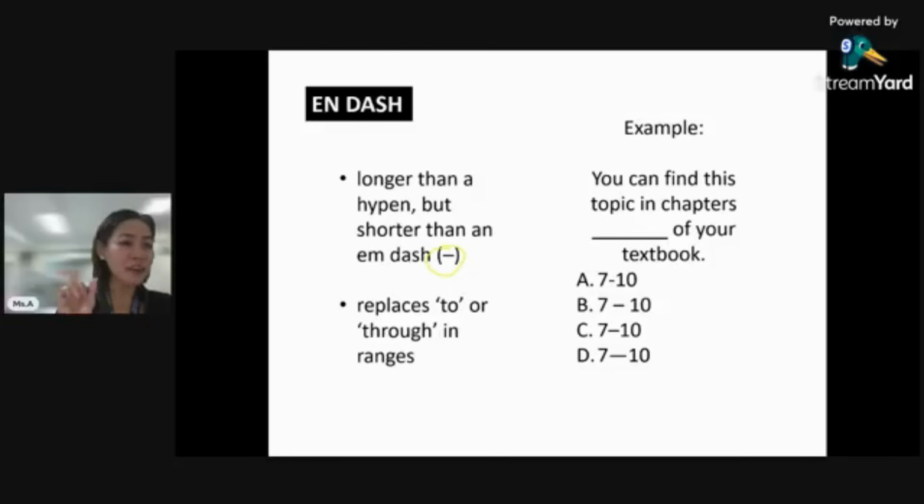Longer than a hyphen, but shorter than an M dash. Ito po yung sinasabi ko. Asan po nawala na yung ballpoint pen? Ito. Yan po. Oh. May maiksi. Meron po medyo, kumbaga, katamtaman. Then, meron pong, ayan, katamtaman din po. And meron pong mas mahaba.